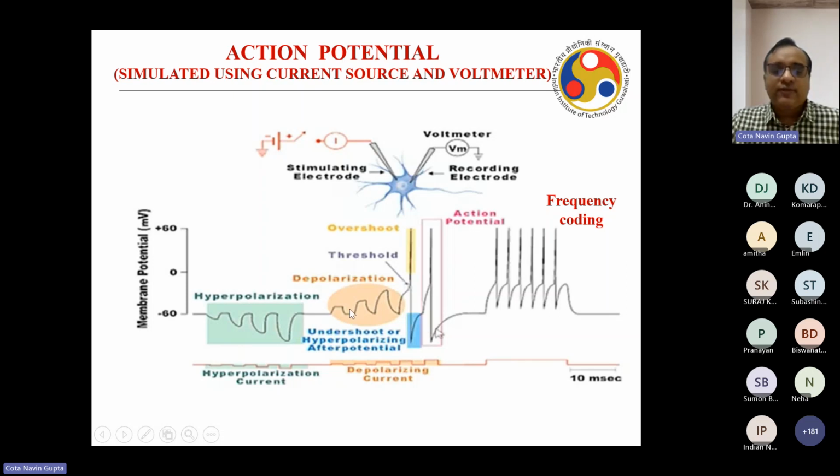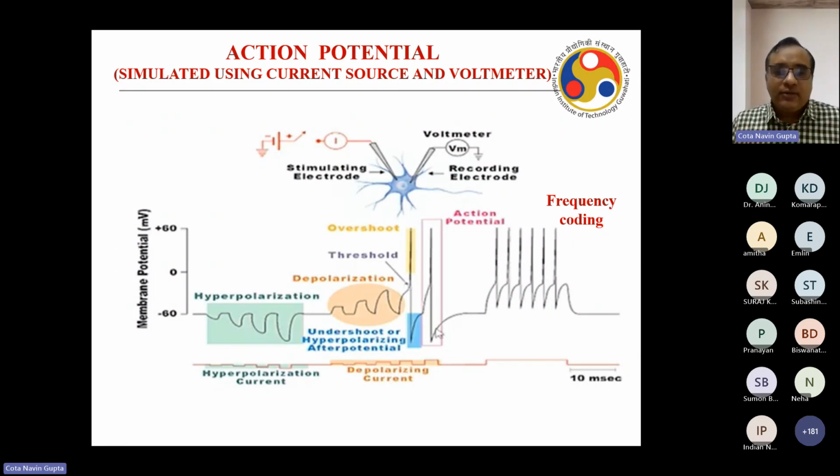But when you give a depolarization current, you see that the membrane potential becomes more depolarized. Because of that depolarization, when a summation of multiple depolarizations happens, it's going to cross the threshold, and then there's going to be a generation of an action potential. Okay, so you can see over here that the depolarizing current actually creates the action potential, and the hyperpolarization current doesn't cause any action potential.